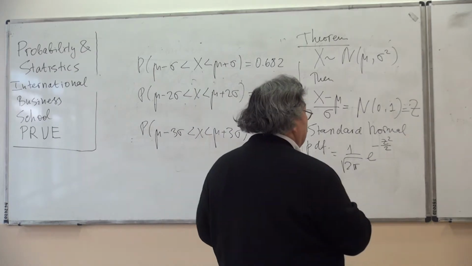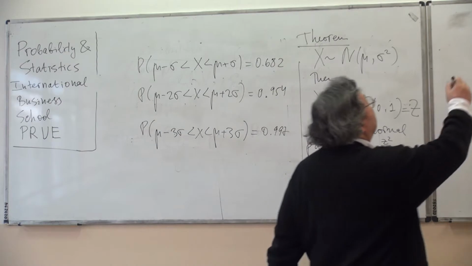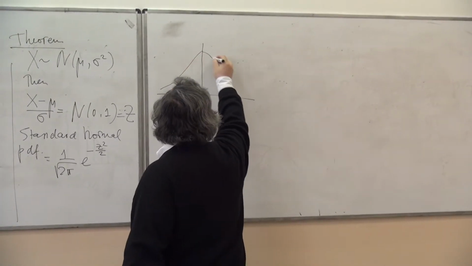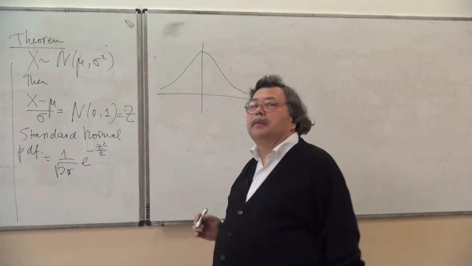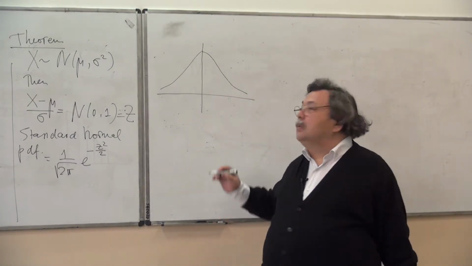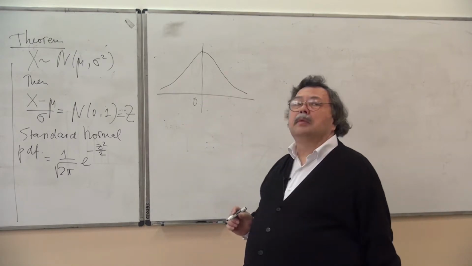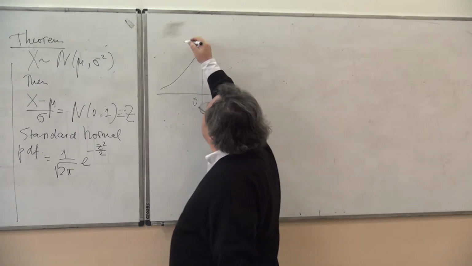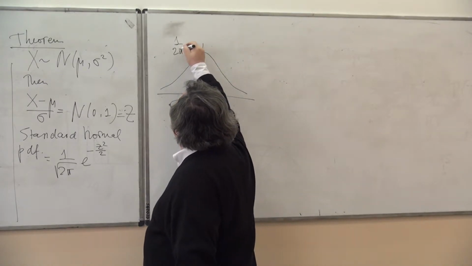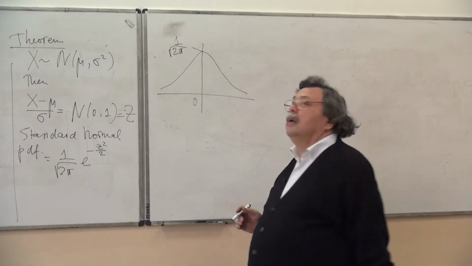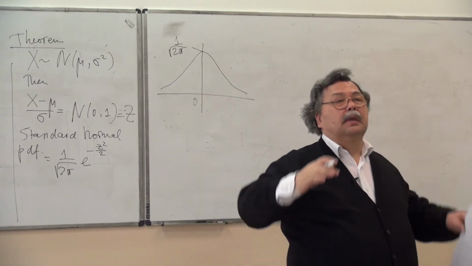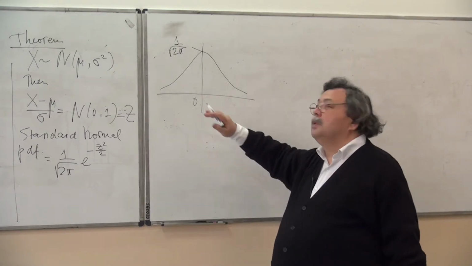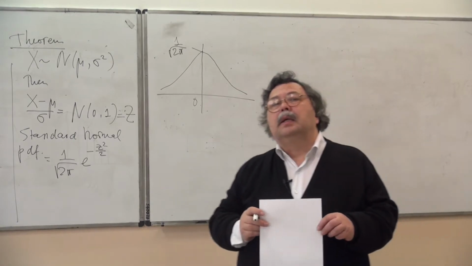And the graph is very similar to the general case of the normal distribution, but the characteristic feature is that it's centered about 0. Mu is 0, and because sigma is 1, this highest point is here. It's again a bell-shaped curve. It falls down to 0 as we move away from 0 to the right or to the left.